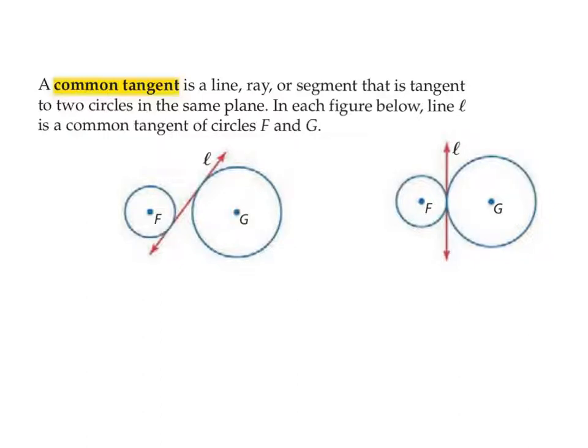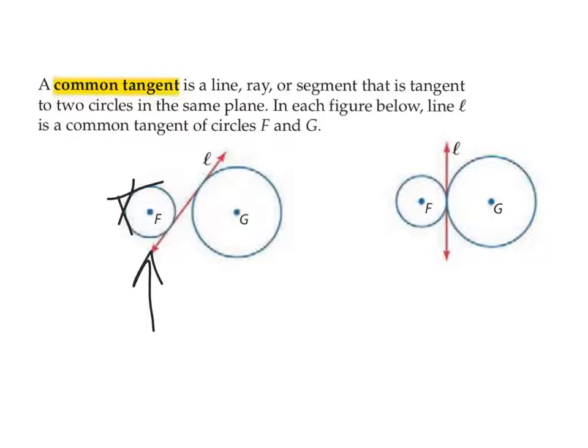If I asked how many lines could I draw that are tangent to F, well, there's an infinite number of lines that could be tangent to F. This line is tangent to F, this line is tangent to F, this line is tangent to F. All these different lines could be tangent to F, but how many lines could be tangent to both F and G? Those are going to be common tangents.